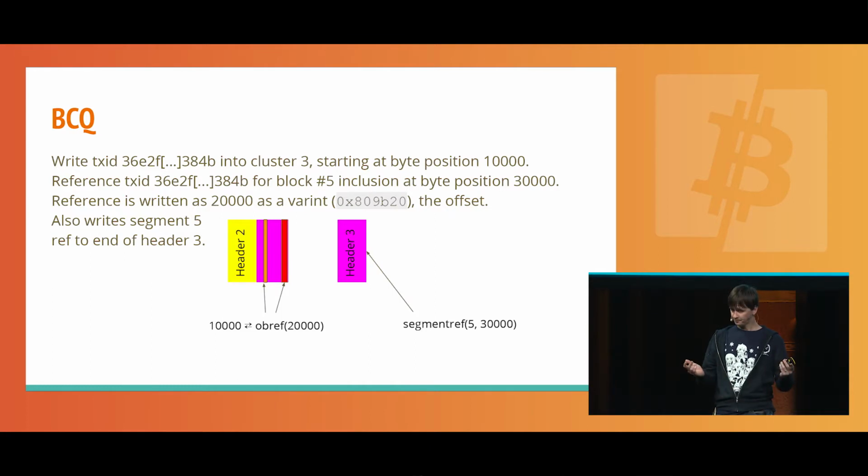And then if you don't know this transaction, you can take the block starting position, just seek back 20,000 bytes and go to position 10,000, and you can just deserialize the transaction. So you can always get it out. And it also writes the segment information to the header, so you can seek to that segment if you want to.